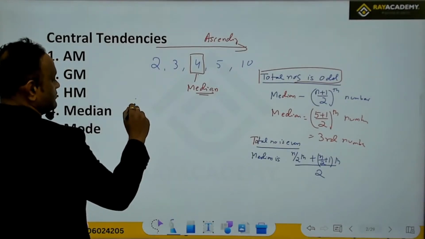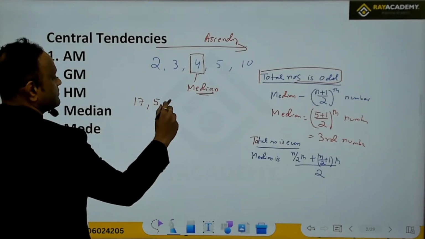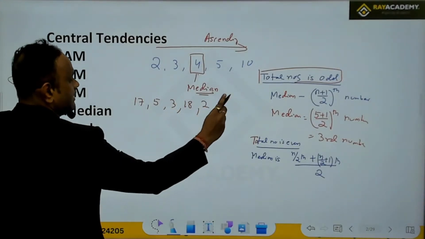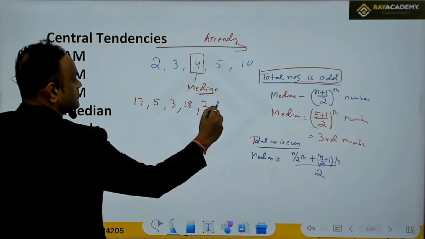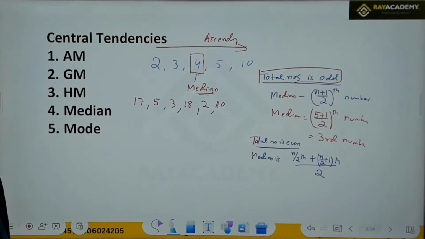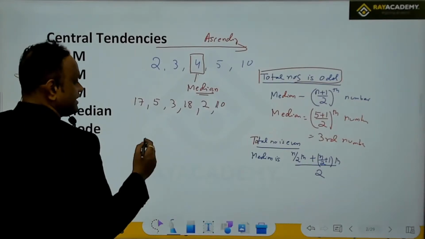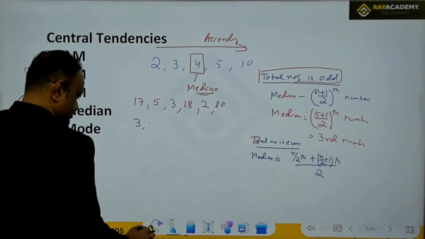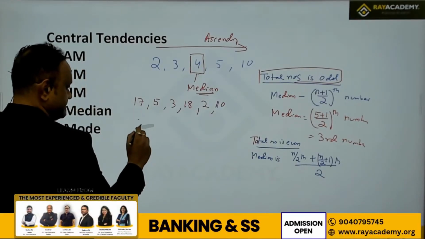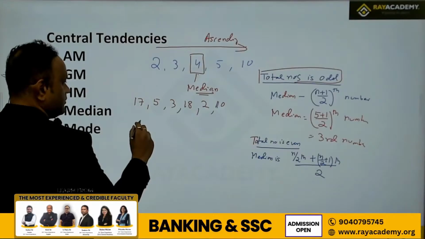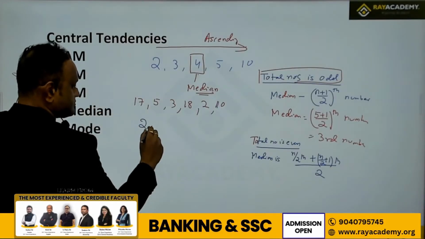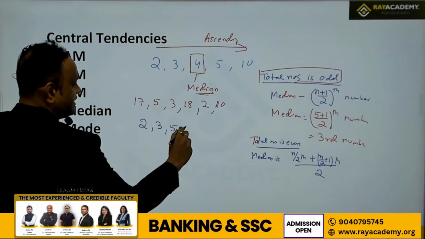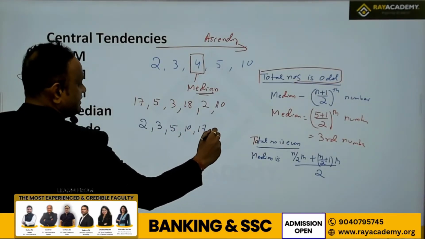Let's say 17, 5, 3, 18, 2 and let's say 10. केतरा नंबर? 6 टा नंबर. So first कोन करिवो? First you have to arrange in the ascending order, then only you can put the formula. First ascending order लिखो. First is 2, then 3, then 5, then 10, then 17, then 18.